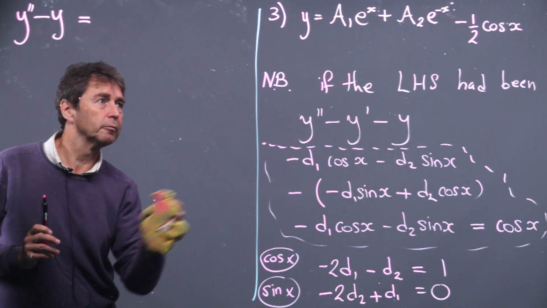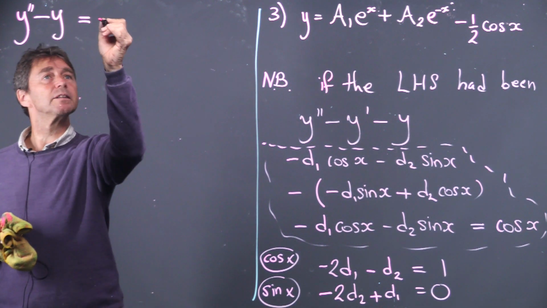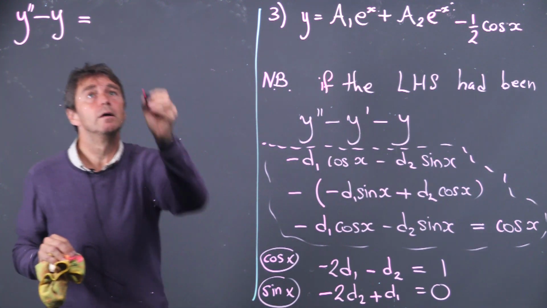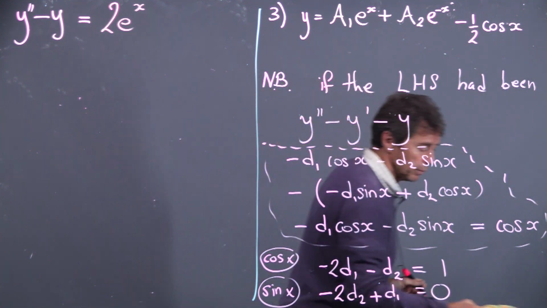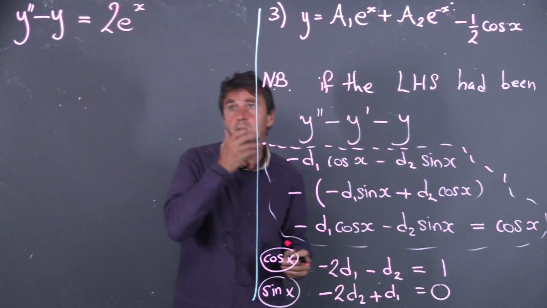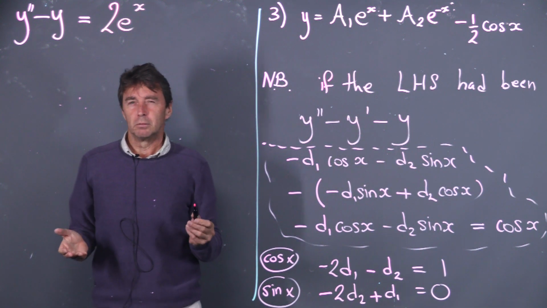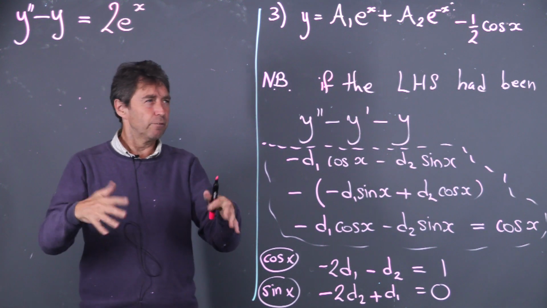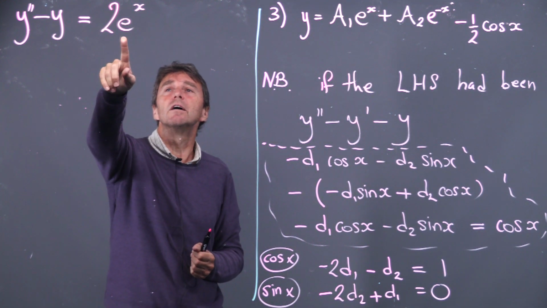So let's have a look at that. This will be when the right-hand side has a very specific form. Let's try it with this. This is just an example, but it illustrates the point. What's unusual about this? It looks like an exponential. The first type of example that we dealt with was an exponential.